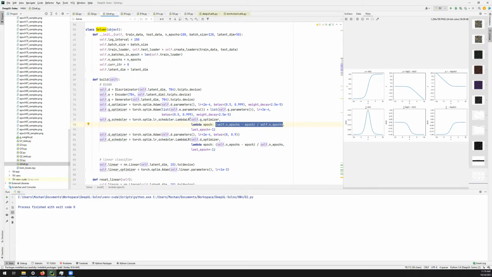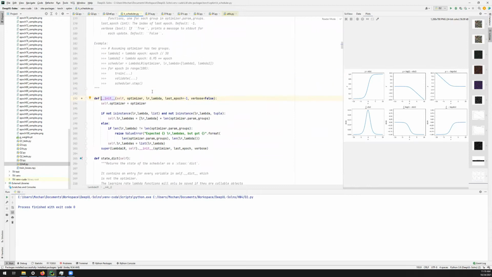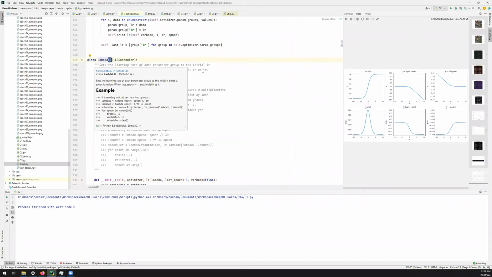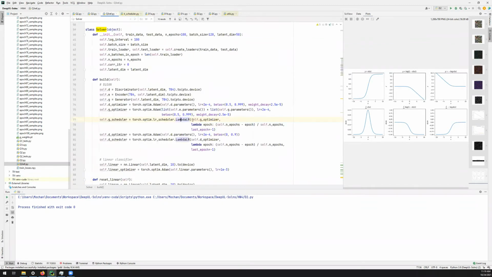I think LambdaLR means, maybe, lambda learning rate. You set the learning rate based on the lambda, and the lambda is such that as the epochs grow, it gets smaller and smaller.